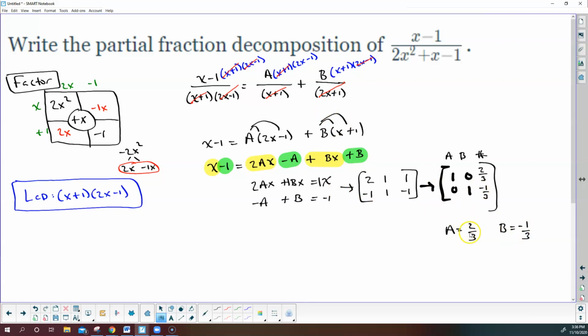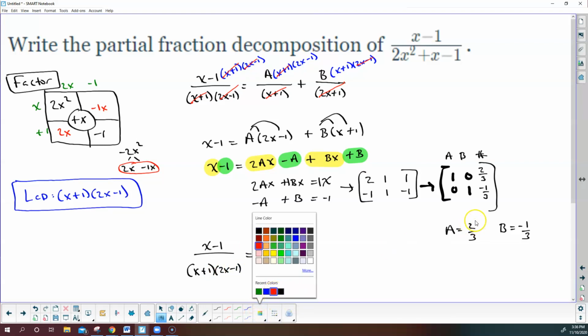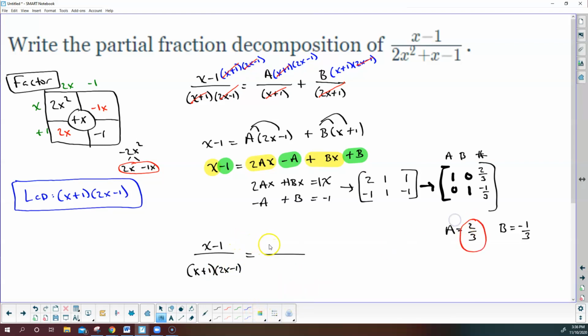Now notice, these are fractions, which means 2 is in the numerator, 3 is in the denominator, and since they're originally in the numerator, then we can write them without showing all this work. If I know that A is 2/3, I'm going to put the 2 up top and the 3 in the denominator. That's 2/3, and then it's just going to multiply by whatever the denominator of A is, which is x plus 1.